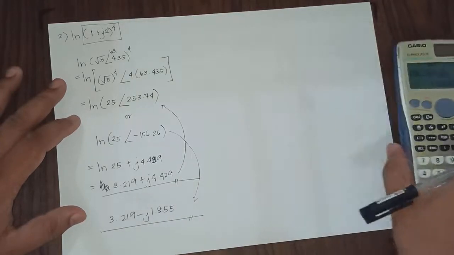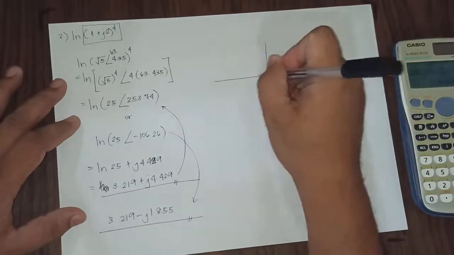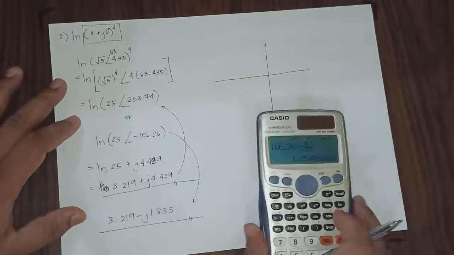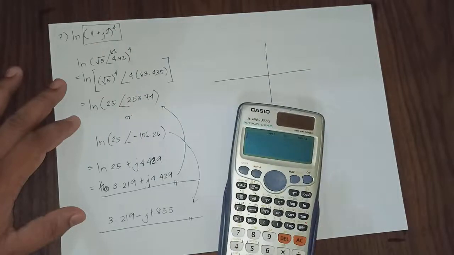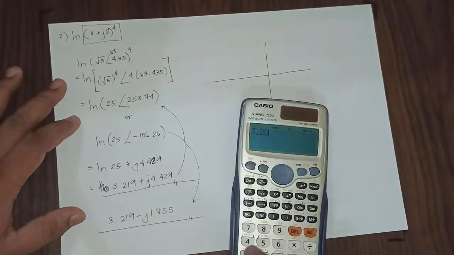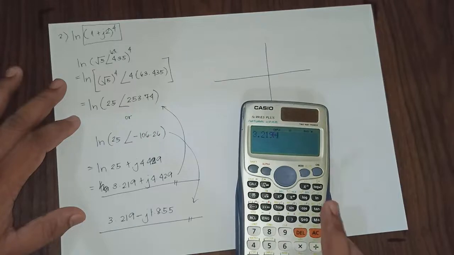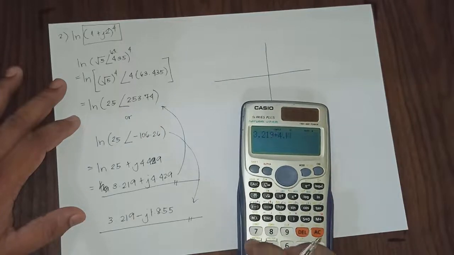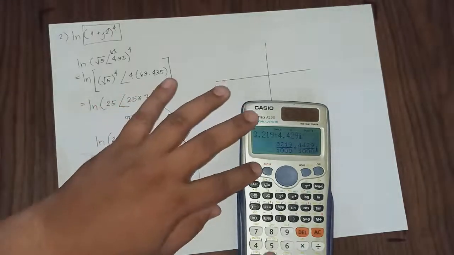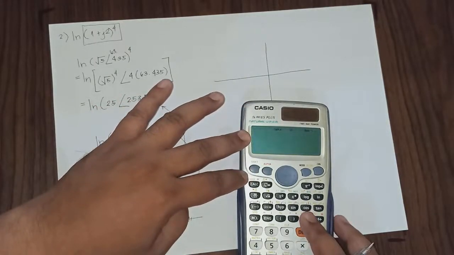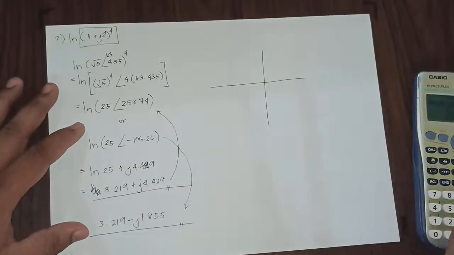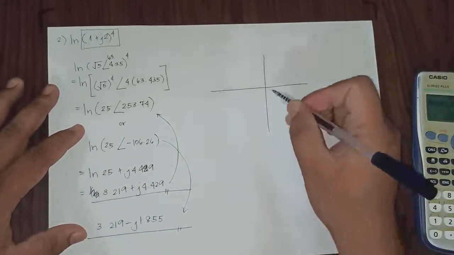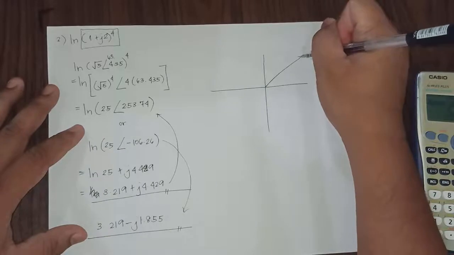Pero, kung ipa-plot natin yan, no? Kung ipa-plot kasi natin yan, nasa isang line lang yan, no? So, for example, 3.219 plus j4.429, kukunin natin yung kanyang direction. That is 5.475, angle 53.9. So, along here, no? Yan.